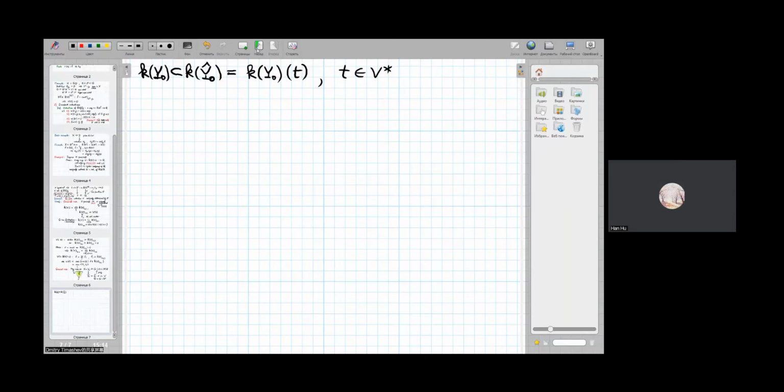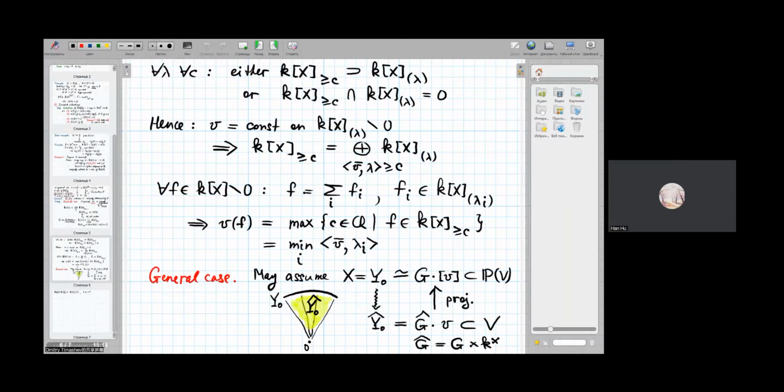Let me come back to the previous page. When you extend the function field on a projective variety to the function field on an affine cone over this projective variety, you just add a linear function on the vector space, a polynomial in projective coordinates of degree 1.